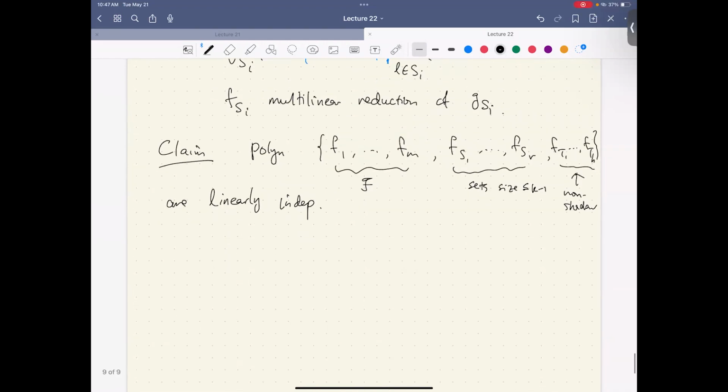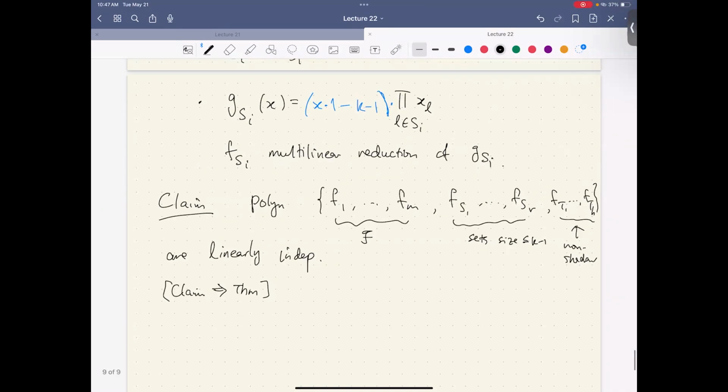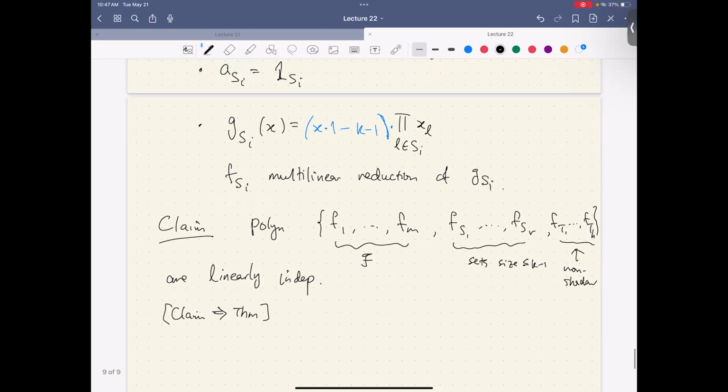Well, let's see. First, this finishes the proof. If this is linearly independent, as I said, what's the degree here? I forgot to say.